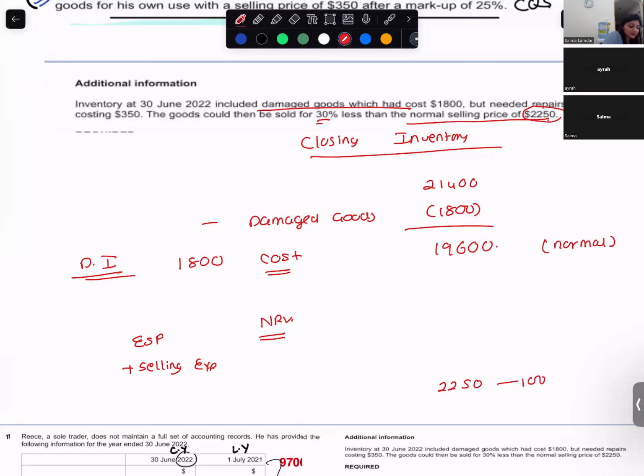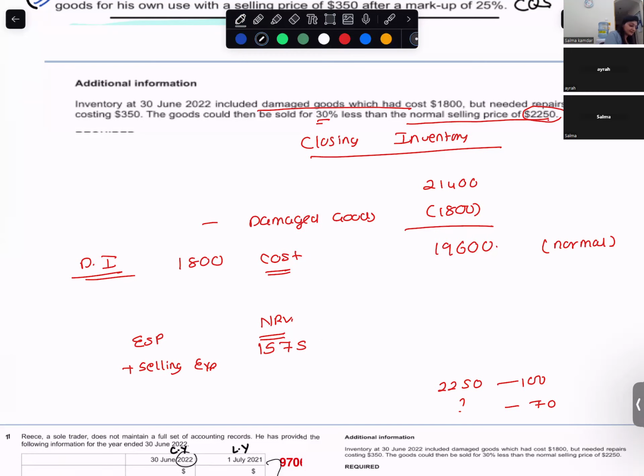So this can be sold for 30% less. So that means it can be sold at 70%. So the estimated selling price is how much? 1,575, that is 2,250 times 70%.